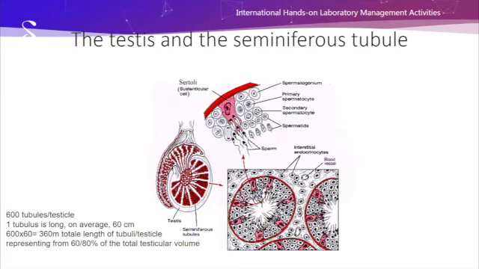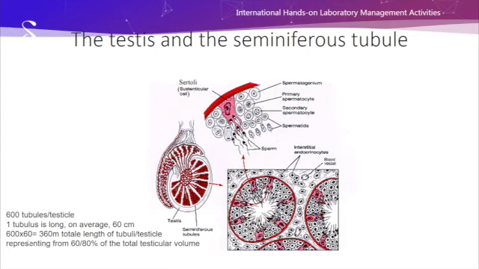From a histological point of view, this is how the testis and the seminiferous tubule is organized. It is calculated that there are about 600 tubules for each testicle.